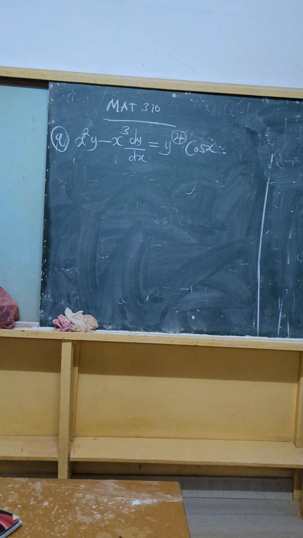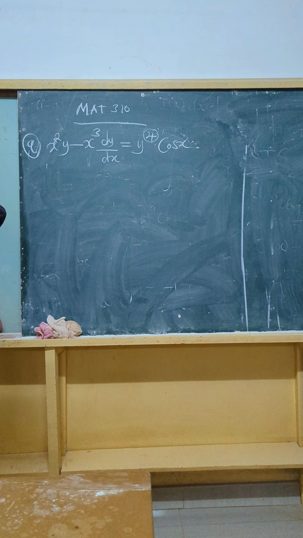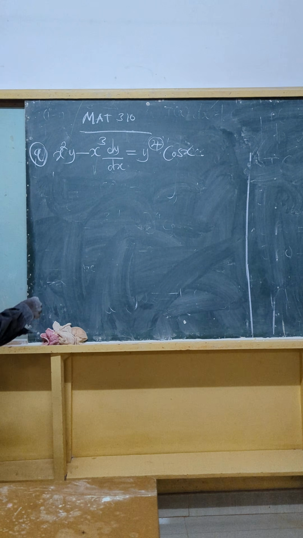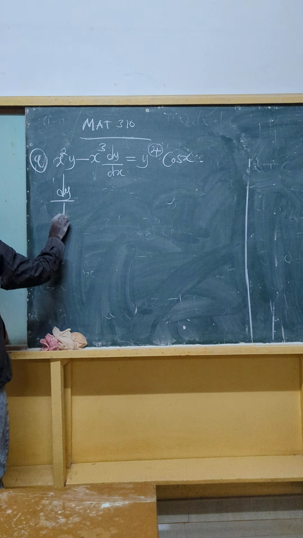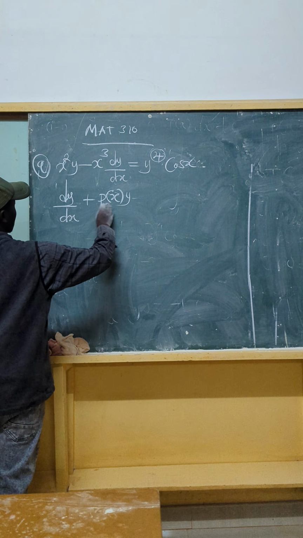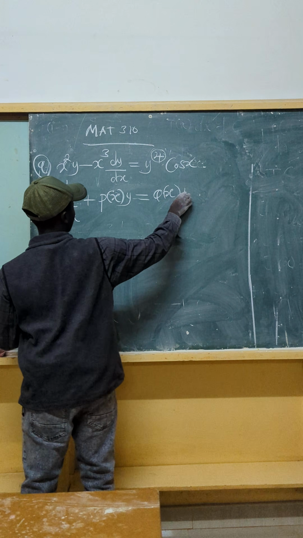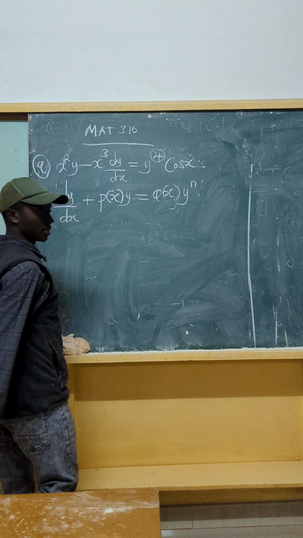Now, we need to understand the standard form of the Bernoulli equation. Say it's dy over dx plus p(x) y equals q(x) y to the power n.